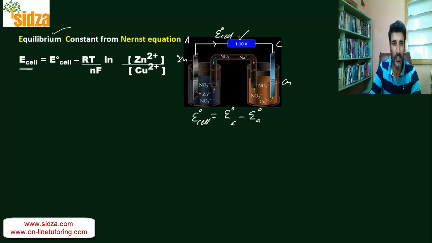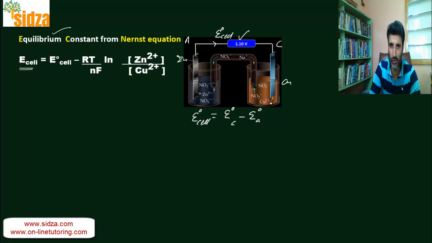So at that point the reduction potential of the cathode is equal to the reduction potential of the anode, because with time the reactions are going on inside those two electrodes. Suppose the copper ion concentration decreases and the zinc ion concentration increases. We know the cathode has a high reduction potential and the anode has a lower reduction potential.